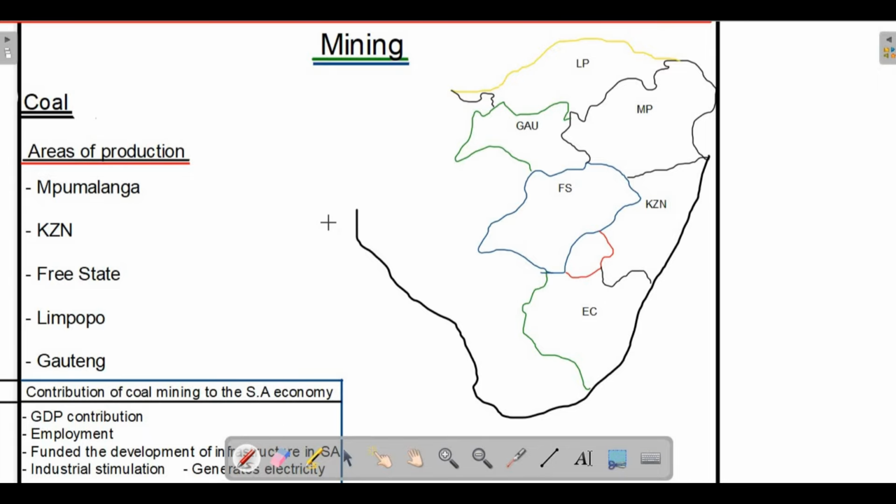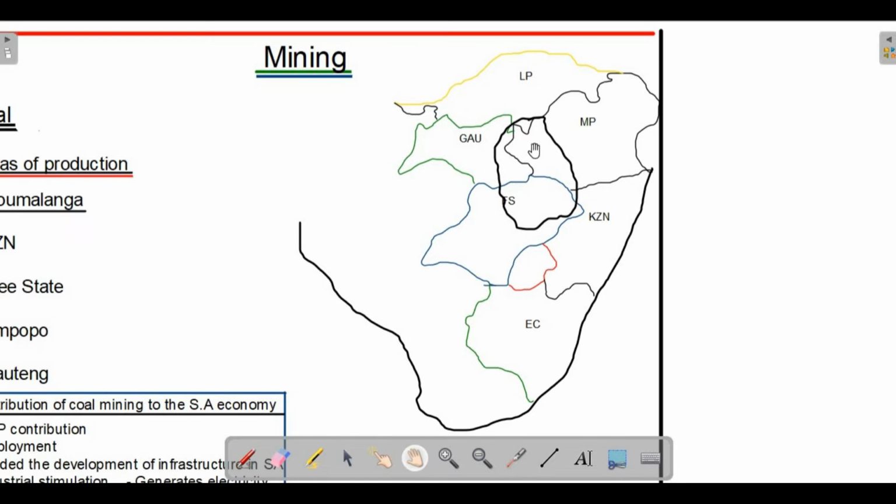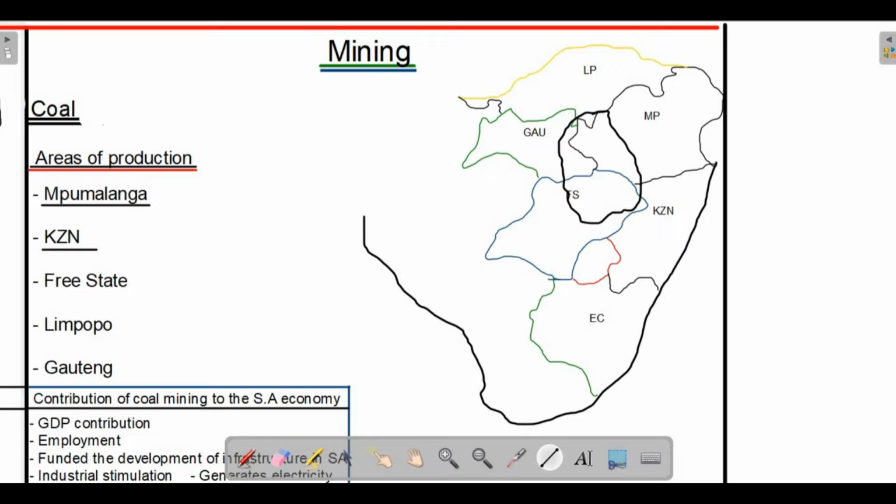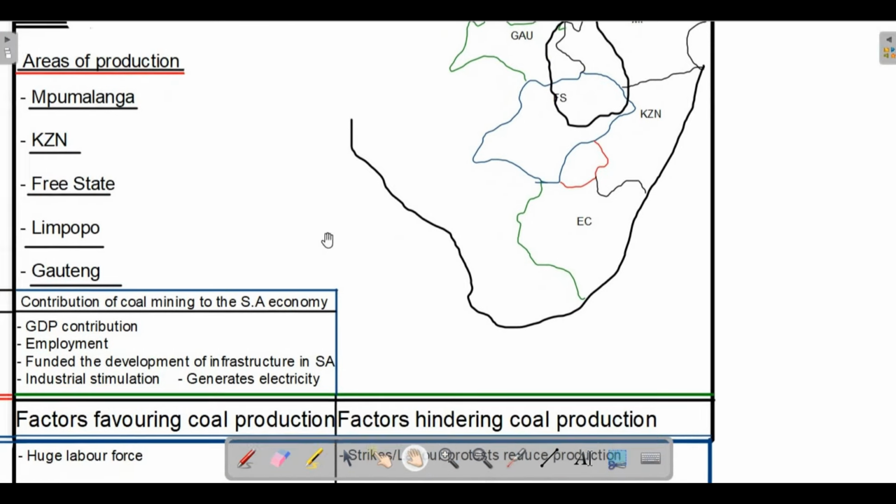So the Highveld is a flat area where you have a lot of coal deposits. Mpumalanga, KZN, Free State, Limpopo, Gauteng, those are the main areas of production. That is where you're gonna get a lot of coal.